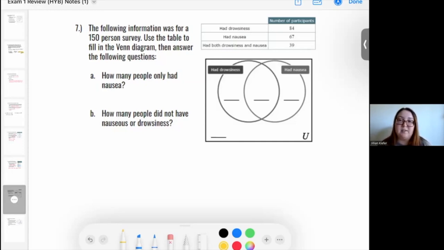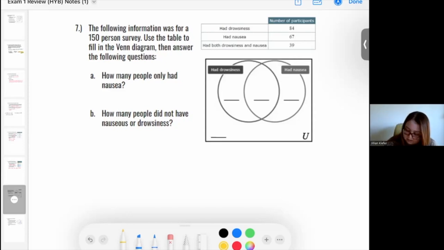When it comes to filling in information into a Venn diagram, it's best to start in the both category. If you know how many people had both, you want to fill that in first and then work your way outwards. Of course, if you're not given that information, you have to do what you can. But in this case, we want to start with the middle.